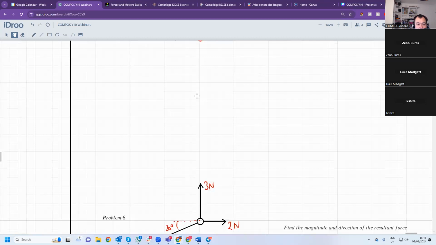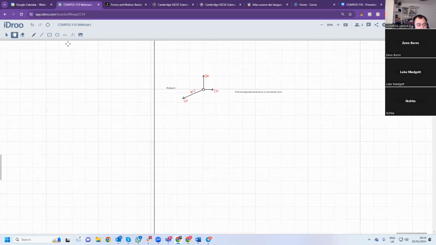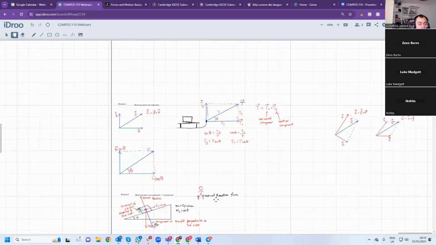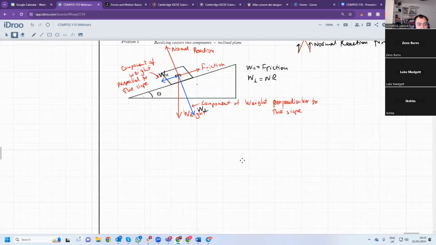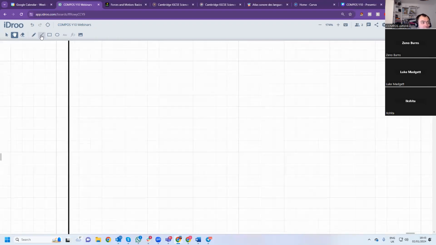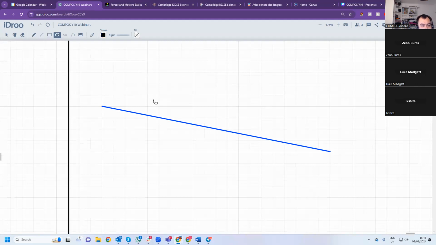So let's do an example. You have a slope and you have a ball. The ball is sliding with no friction.